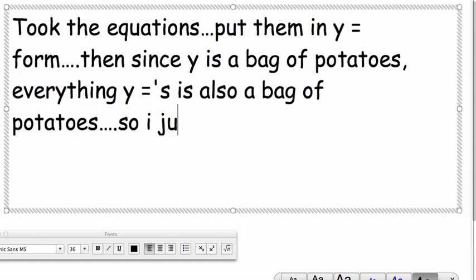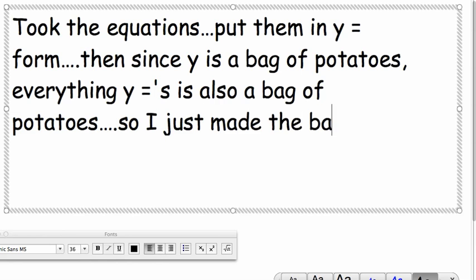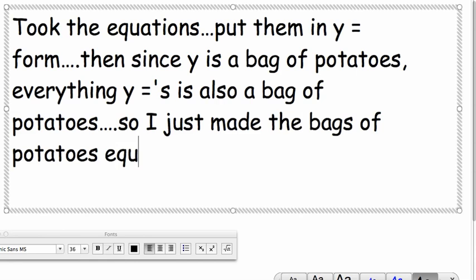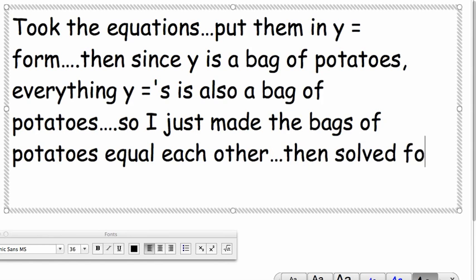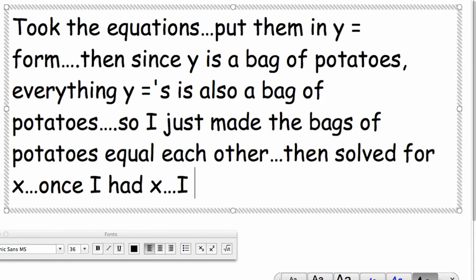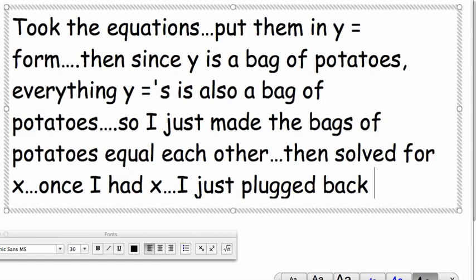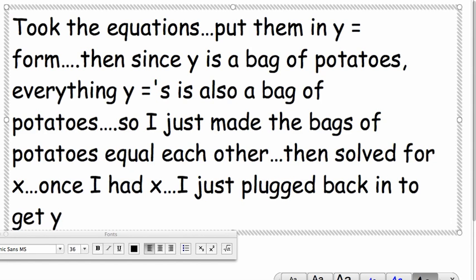So I just made the bags of potatoes equal each other. And then solved for x. Once I had x, I just plugged back in to get y. How easy is that? So that's what you're going to work on today.